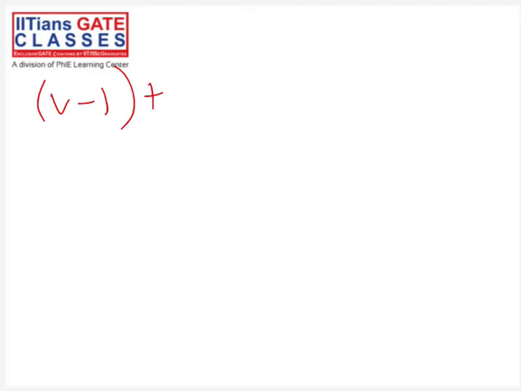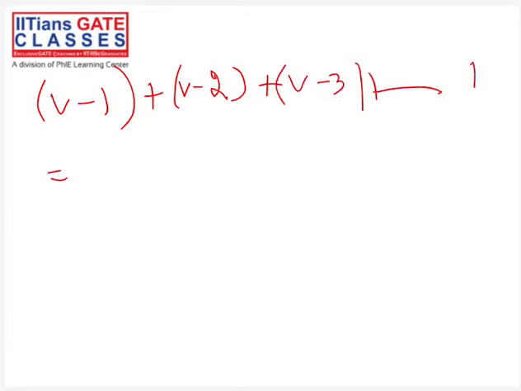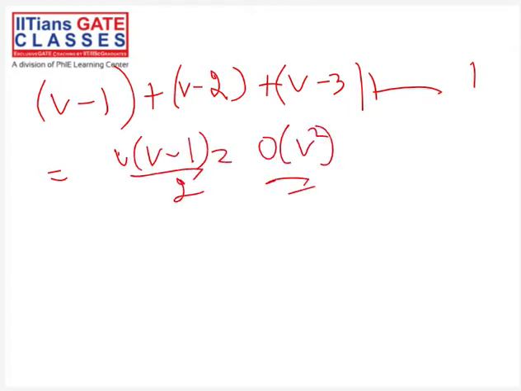Now, after v minus 1, two nodes will be processed. Total processed nodes will be 2, and then v minus 2 will be the remaining from which you have to find the minimum. Similarly, v minus 3 and so on till 1. Now this becomes v into v minus 1 by 2, order of v square. So now the total time complexity is dependent on two parts.